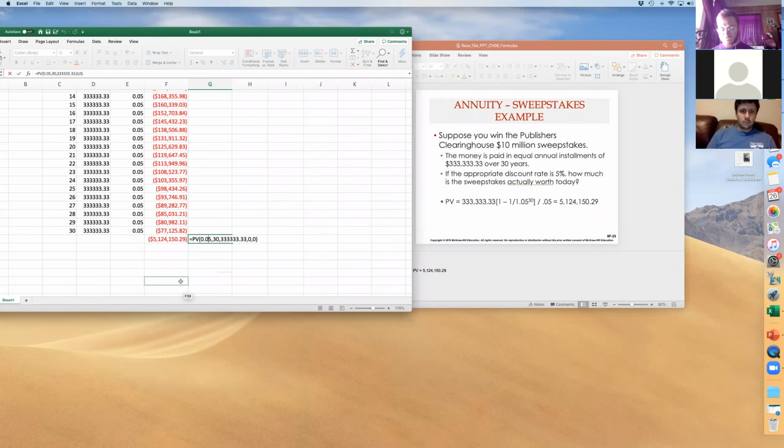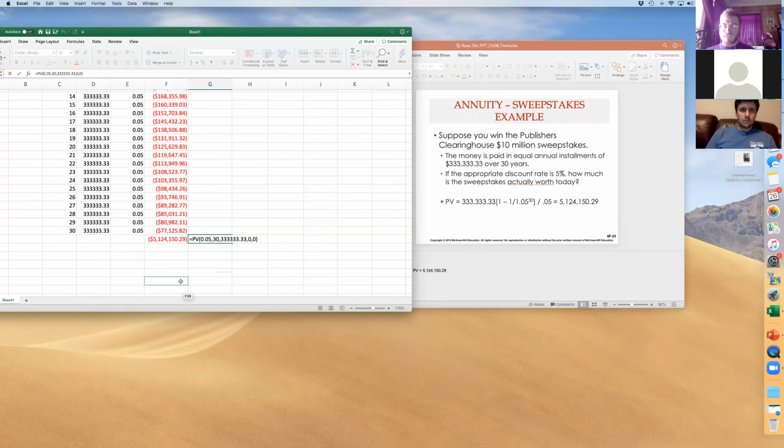The lump sum you're being offered is $5,124,150.29. So that's one of your choices. Take that lump sum cash, or take the $333,333.33. It's all about what you think you can get in return.